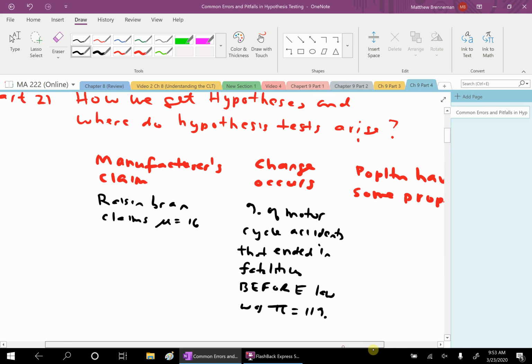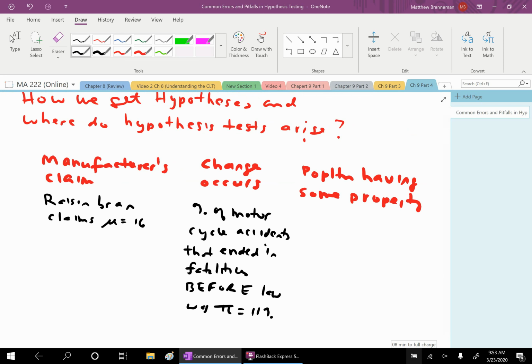And finally, the last thing is we might be looking to see if a population has some property. So there might be some characteristic that we can quantify, and we want to see if it has that property. For example, the male rat empathy experiment was a good example, right? We were testing to see, are they empathetic?